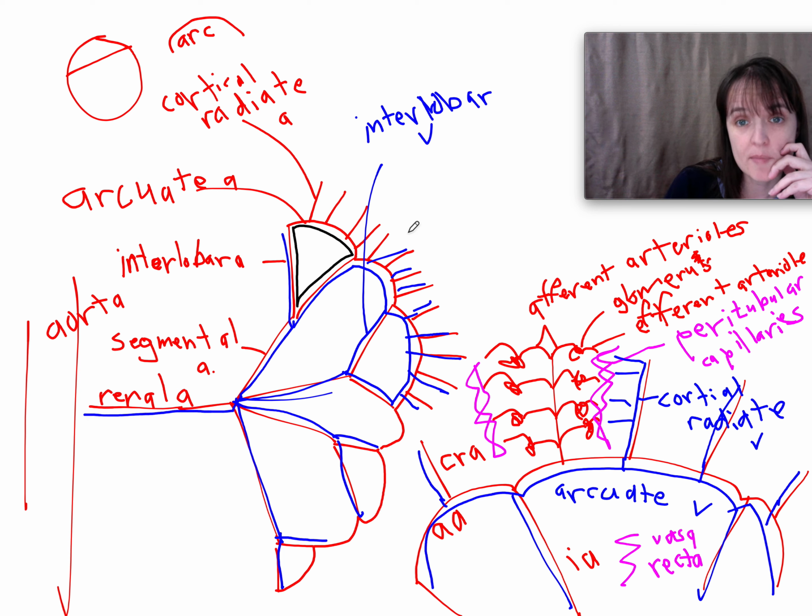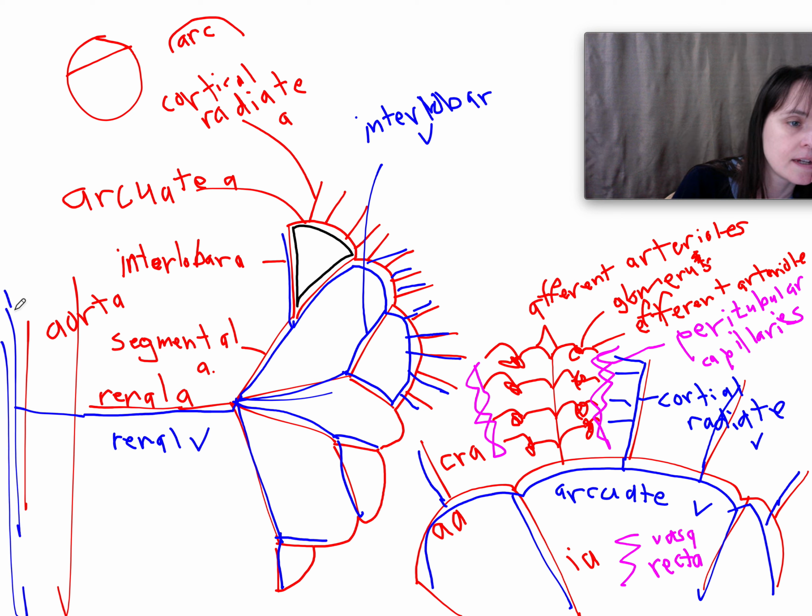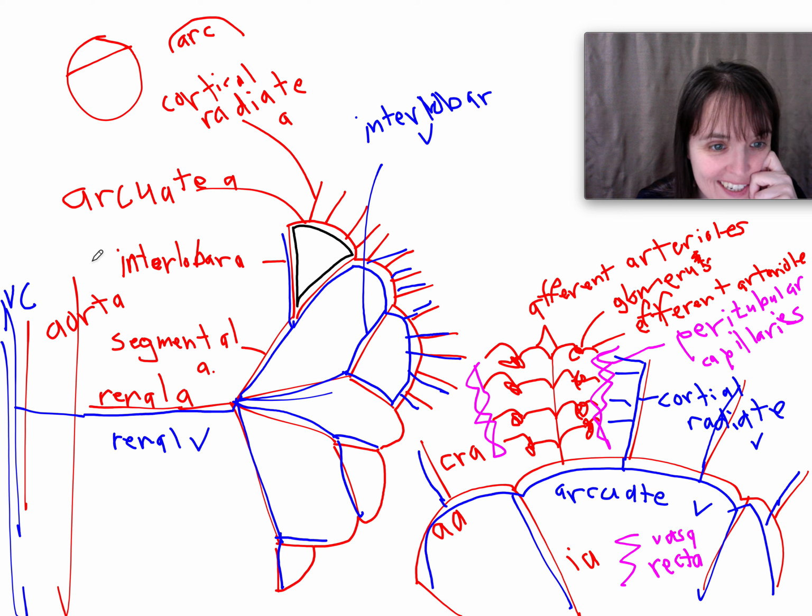So we go straight from interlobar vein to renal vein. And then that feeds into the inferior vena cava. Oh, it's terrible. I'm totally off screen.